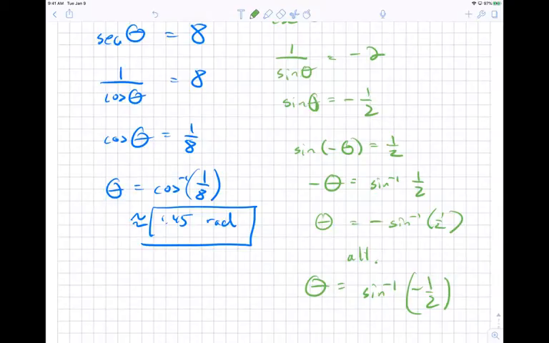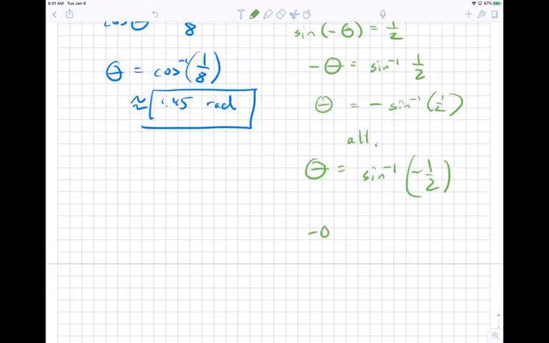Is it on the unit circle, right? You got a decimal? You got a negative? What result did you get? Negative 0.5235. So two decimal places? Negative 0.52.